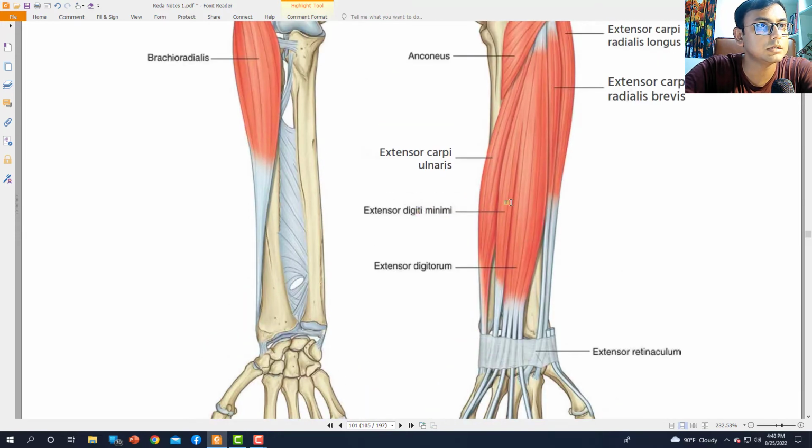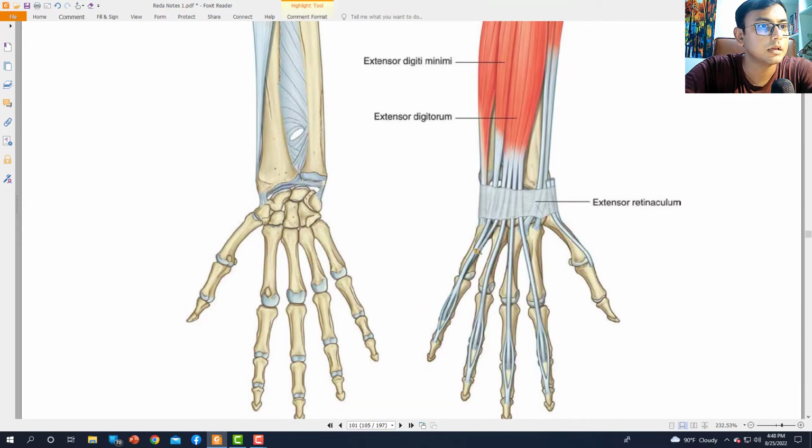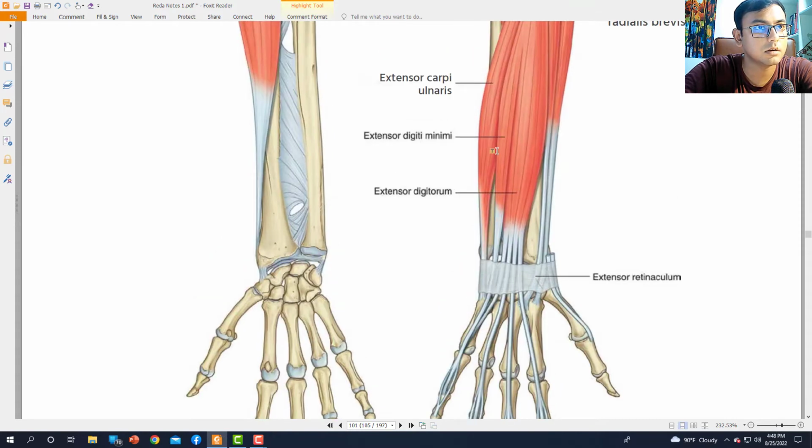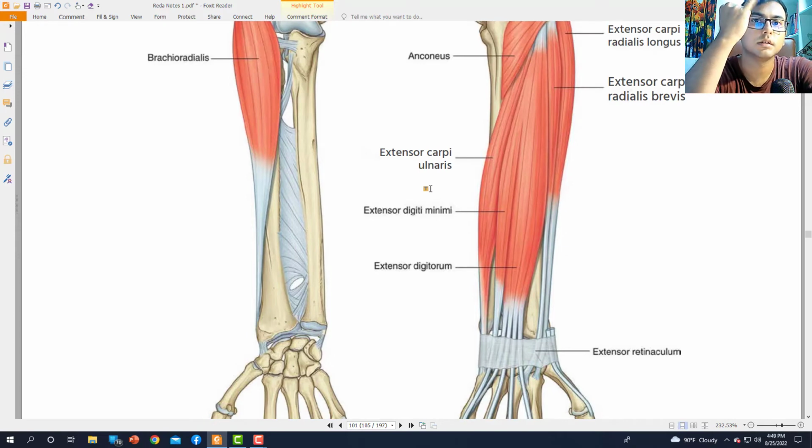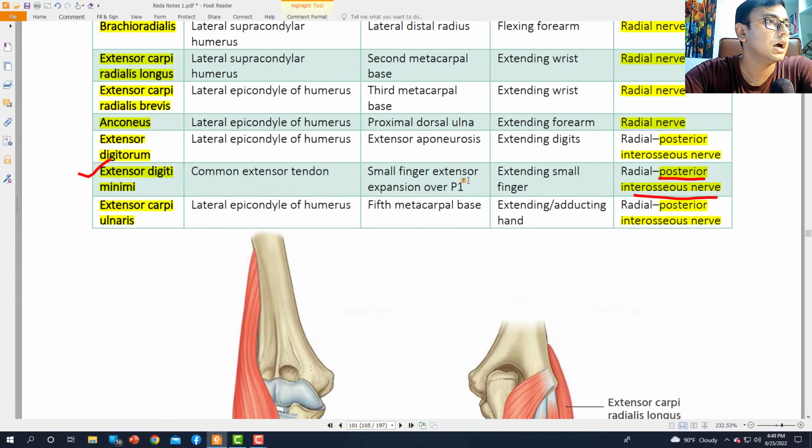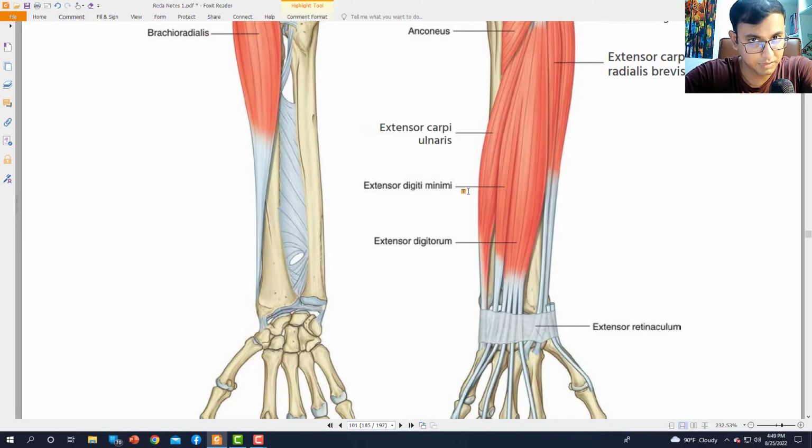Minimi means it supplies only the little finger, extensor digiti minimi, here. I hope you understand the concept I wanted to show you.